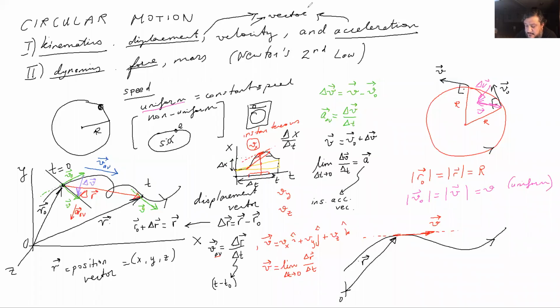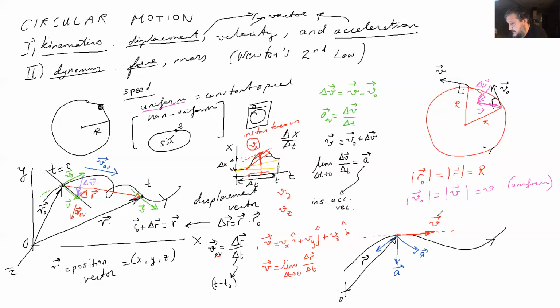Okay, let's use blue. But how? Is it going to be like this, 90 degrees with velocity, or like that, or maybe like this? These are all possible. And which one is the correct one, if you ask that? Well, that depends on how V is changing.